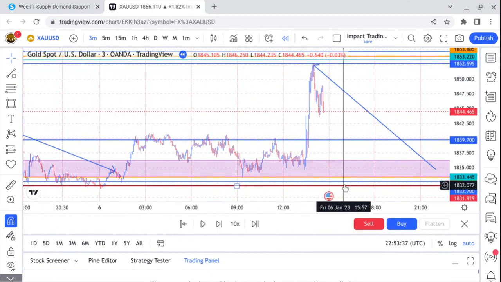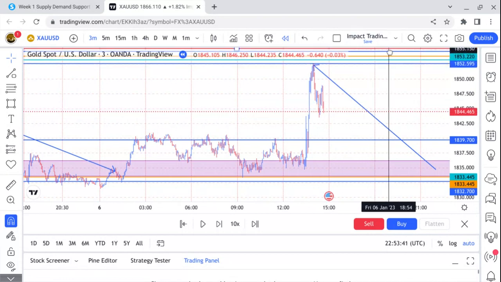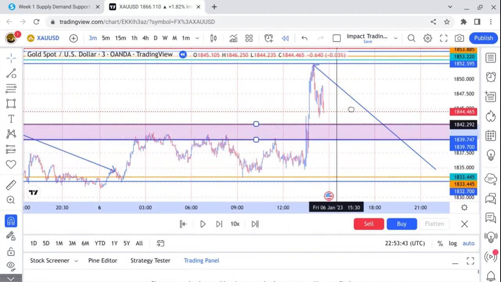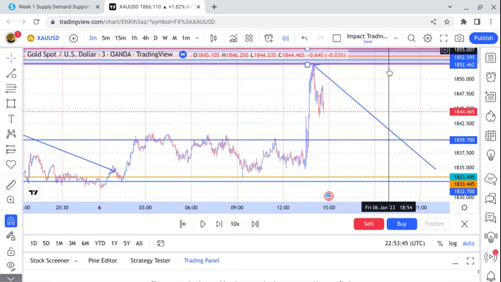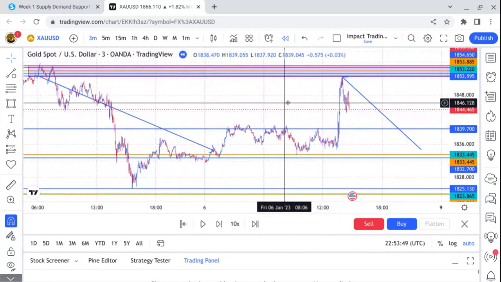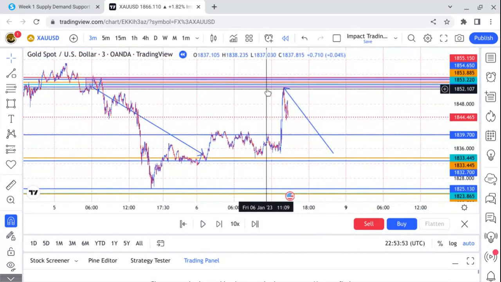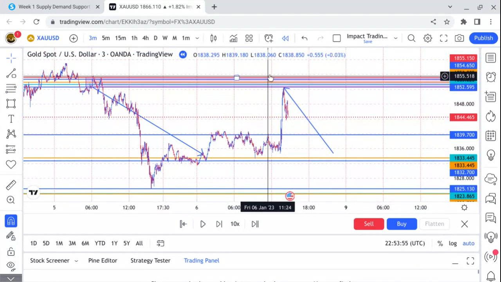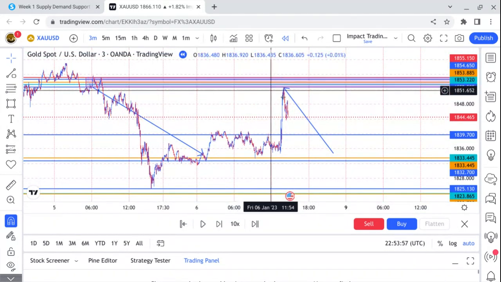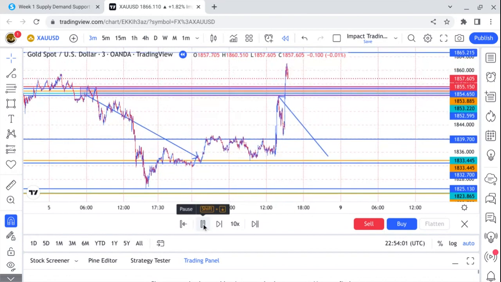And then we would place a stop loss above the area. We would enter short trade there, place a stop loss above the area. Now remember, we drew these lines before the session began. Very profitable trade.